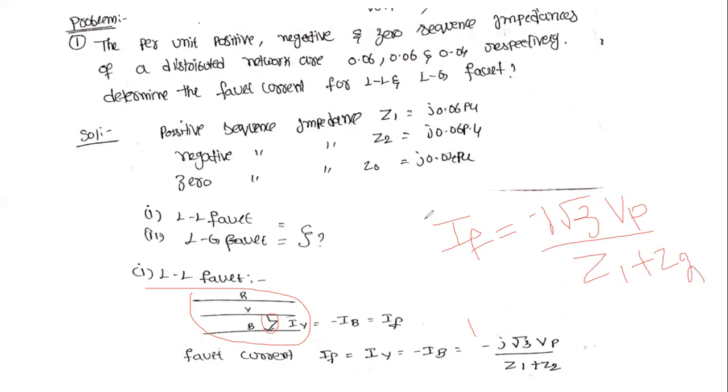V phase is the phase voltage. Z1 is the positive sequence impedance and Z2 is the negative sequence impedance.